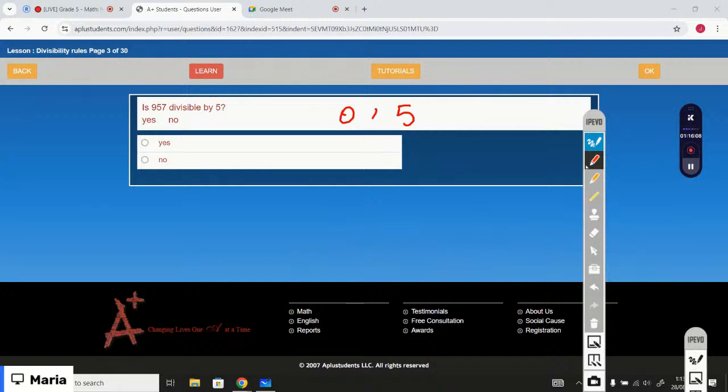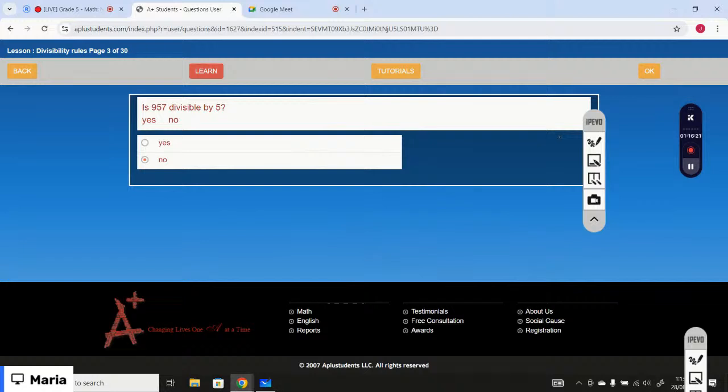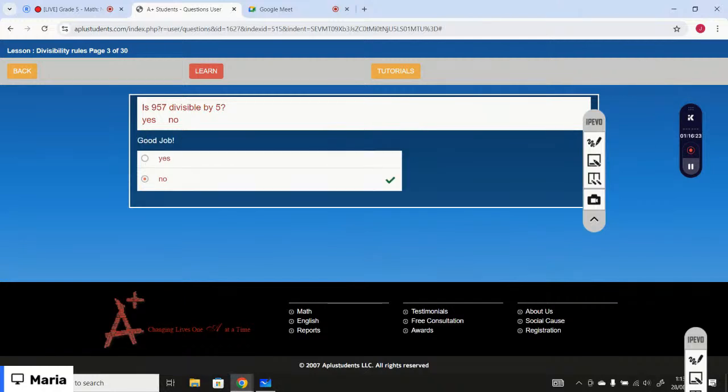The correct option is no, the number is not divisible by 5, because you can see the ones digit is neither 0 nor 5. So option number 2 is the correct option.